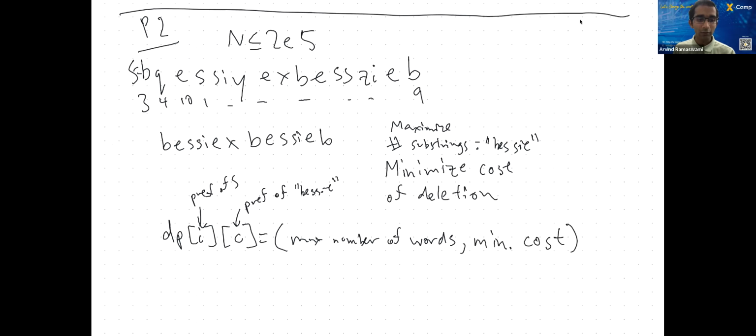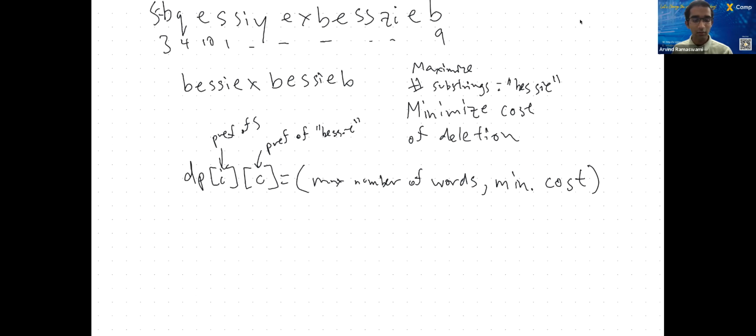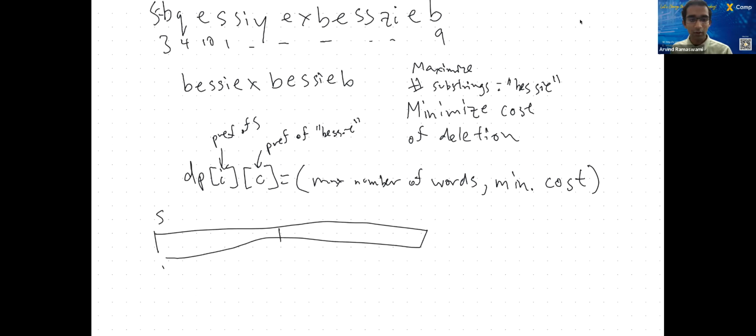So basically you have some prefix of S, and let's just say these are the first I characters. Basically DP[I][C] means that you have Bessie, and then you have the C-th character of Bessie.